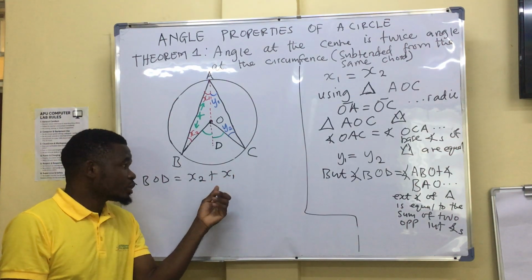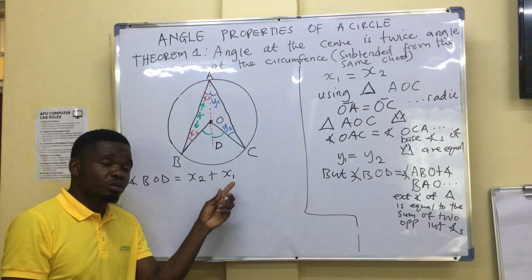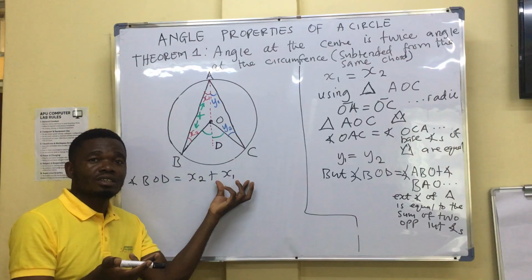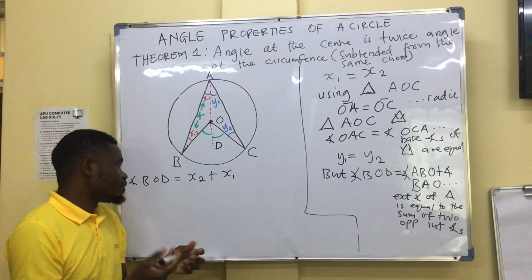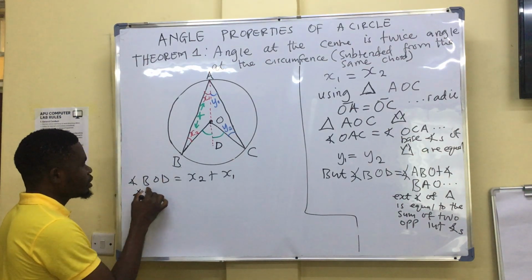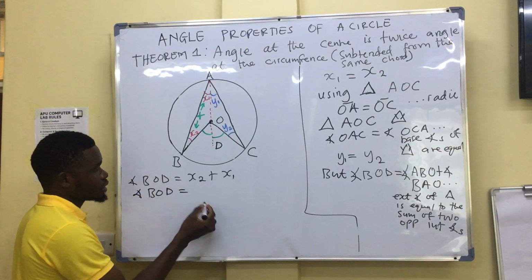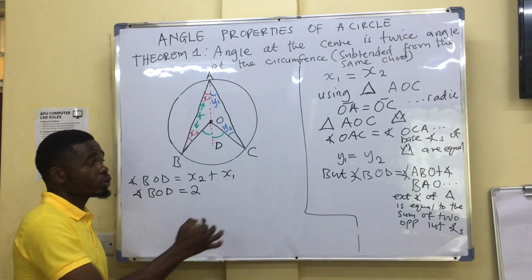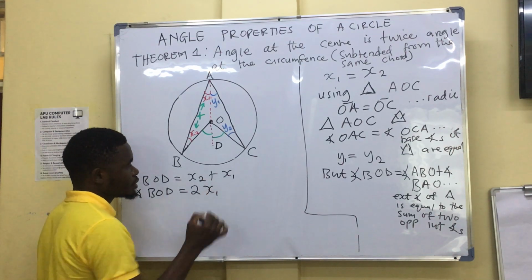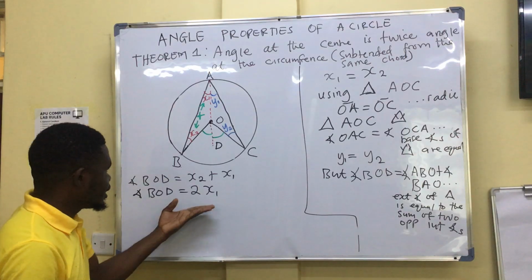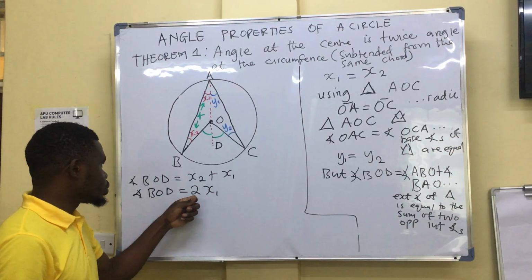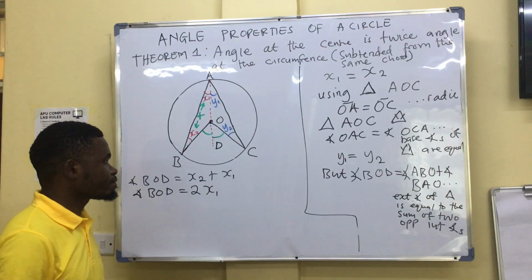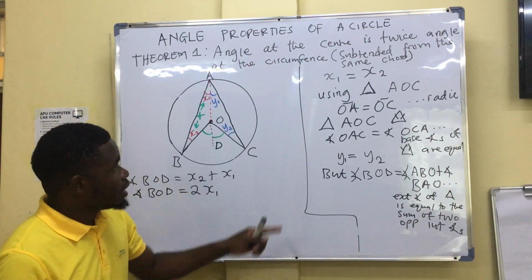So let's take x1 to be 60, times 2, which is 120 as well. Therefore, angle BOD is equal to 2 times one of those angles, because they are equal. So angle BOD is equal to 2x1. Fine.